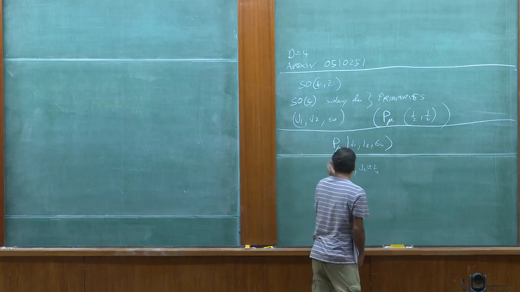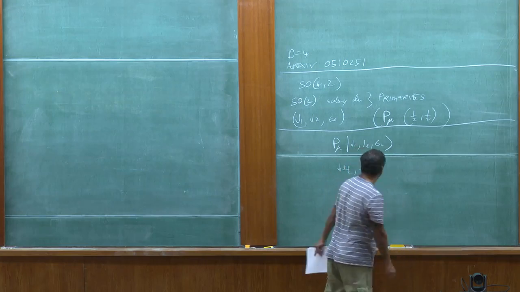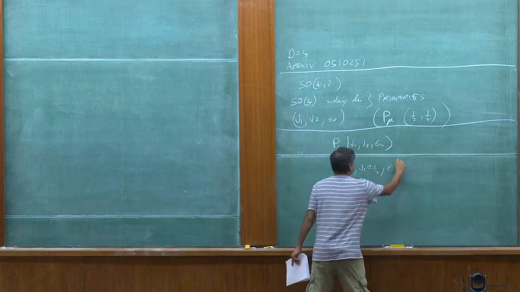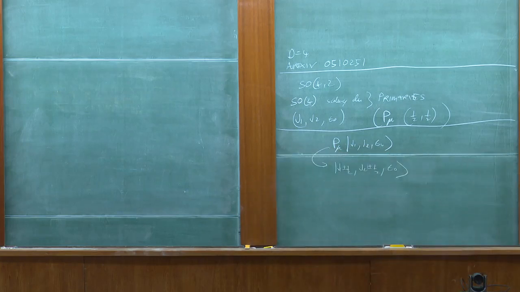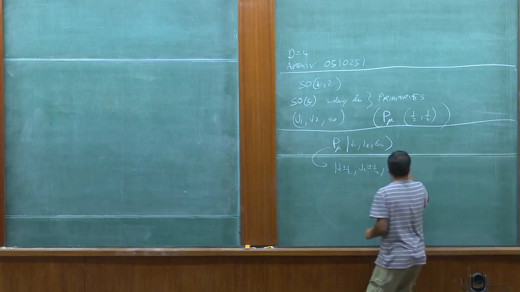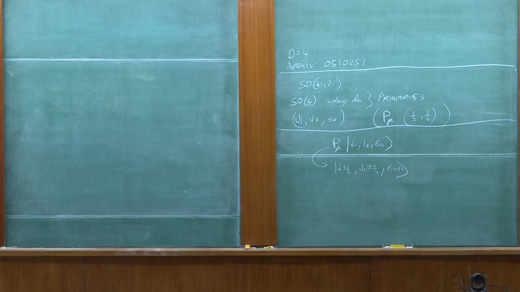You could get plus here and minus here and so on, with epsilon naught plus 1. At least if J1 and J2 are not 0. In the case where there's 0, the minus half doesn't exist. If J1 and J2 are not 0, you get 4 different representations of SU(2) times SU(2) times scaling dimension.